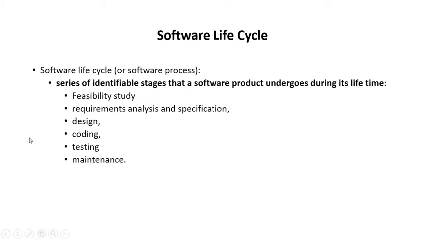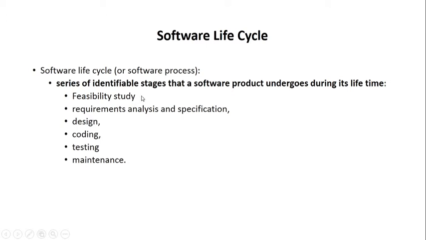Roughly, if I say, the phases are feasibility study, requirement analysis and specification, designing, coding, testing and maintenance. These are broad ones. Actually we have 7 phases, so I'll just add one more here. After testing you have the implementation phase also, and then comes the maintenance. But broadly, yes, these are the major phases. So what is a feasibility study?